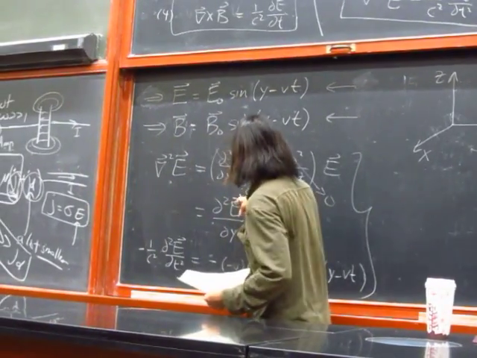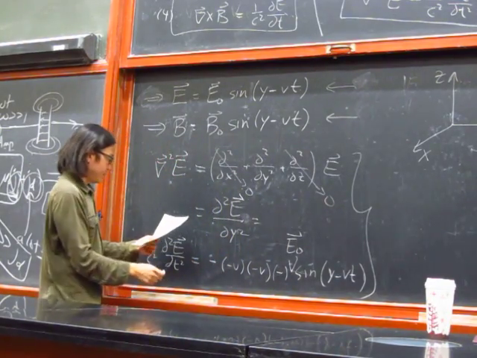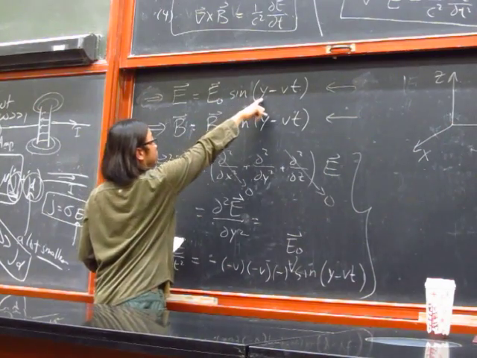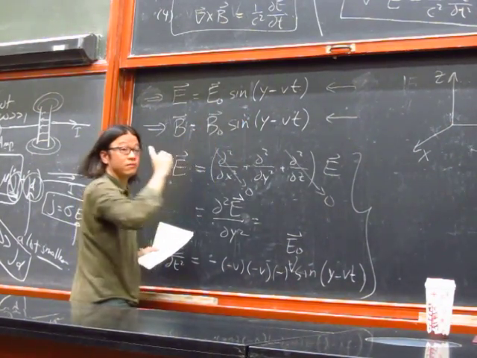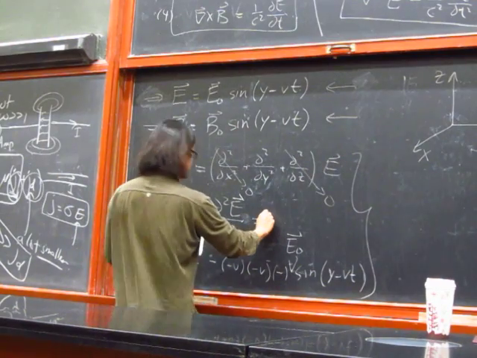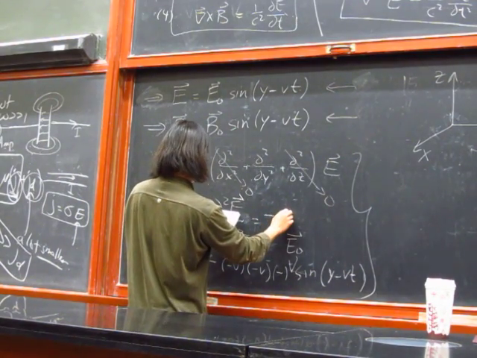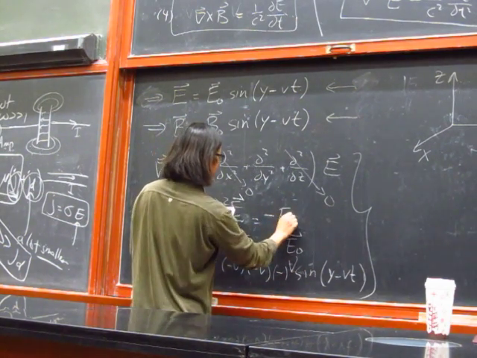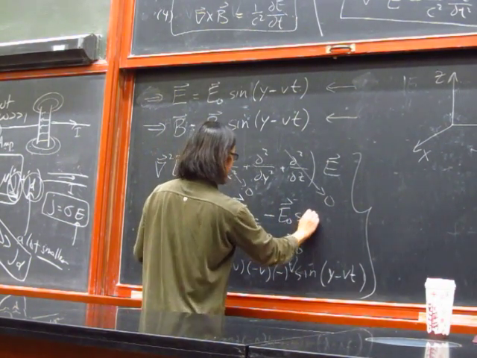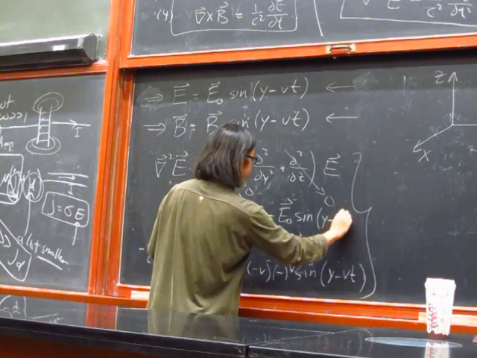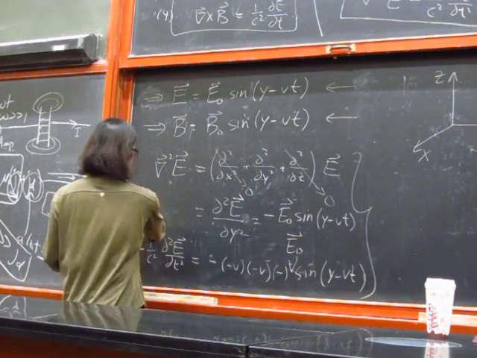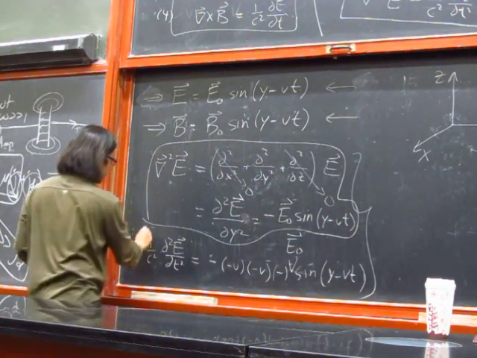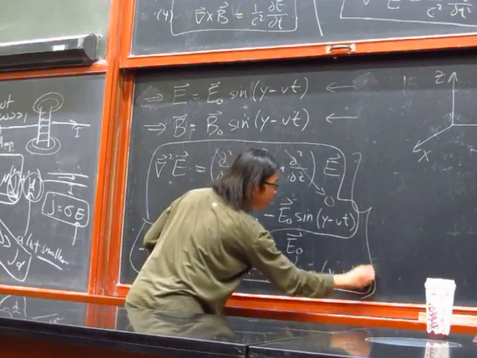If I differentiate the electric field with respect to y, I differentiate sine and get cosine, I differentiate again and get minus sine, so this becomes minus E naught sine (y minus vt). This is the spatial part, and this is the time dependent part.